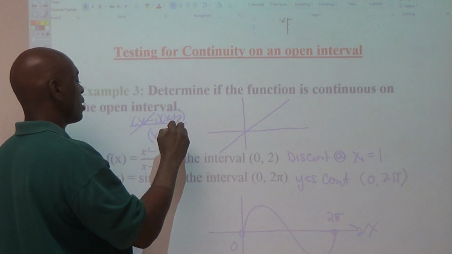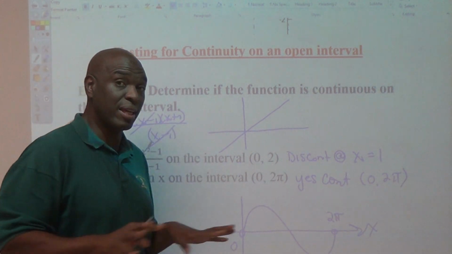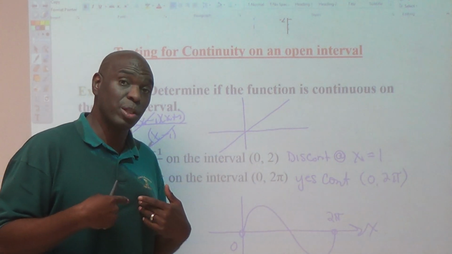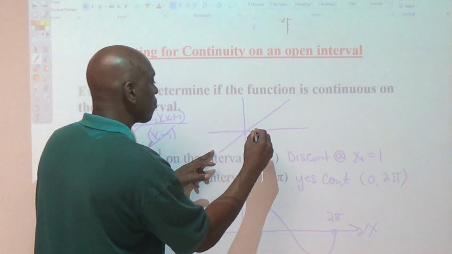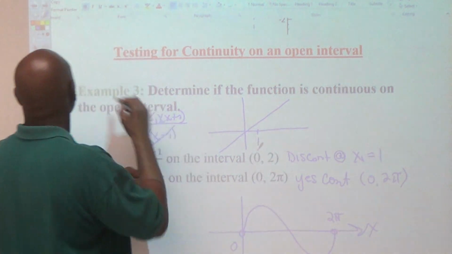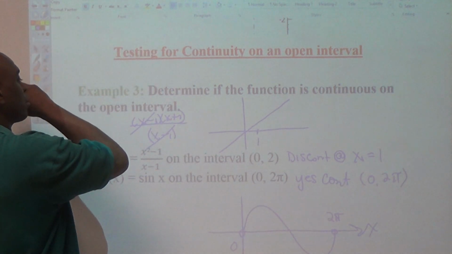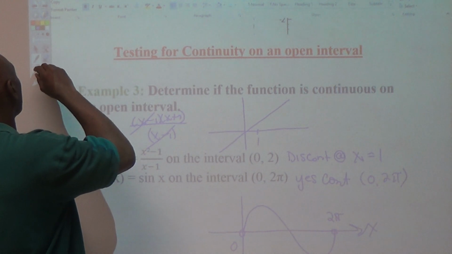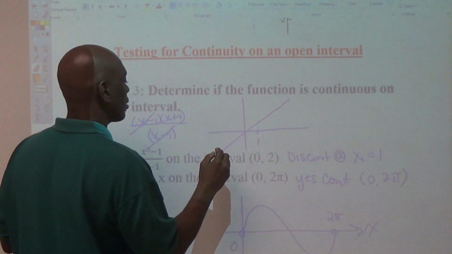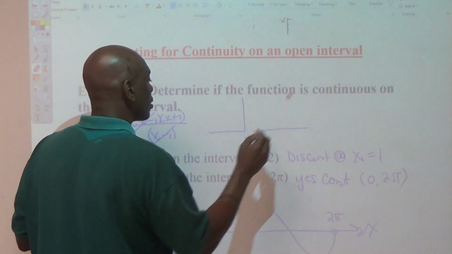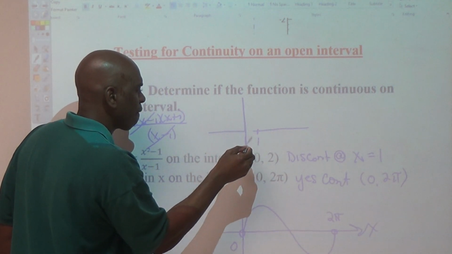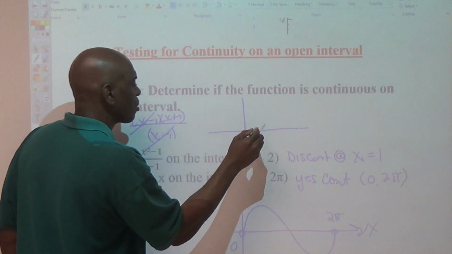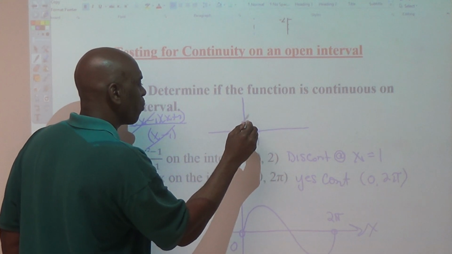The x minus 1s cancel out, which lets me know that there's going to be a point of discontinuity at 1, right here. Let me raise the graph up just a little bit higher. Right here at 1.